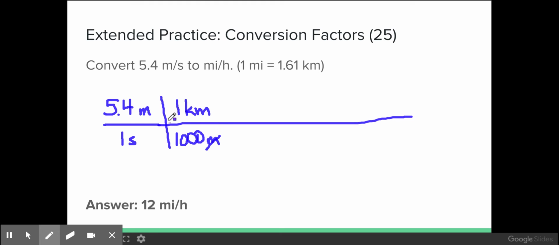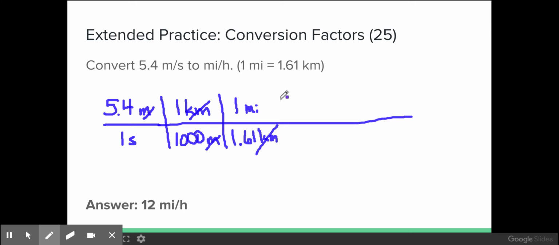And that gets my top unit into kilometers, which I can now switch to miles, since I now know that 1 mile is the same as 1.61 kilometers.